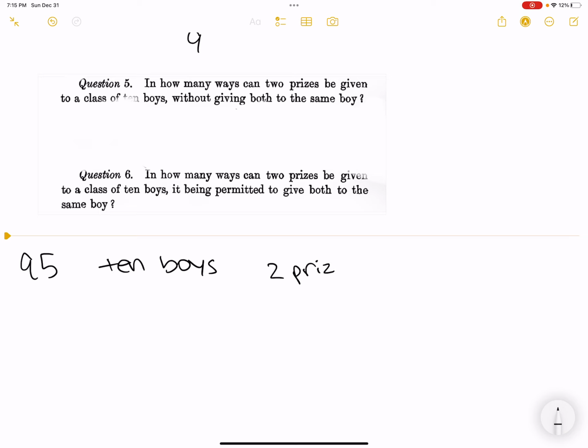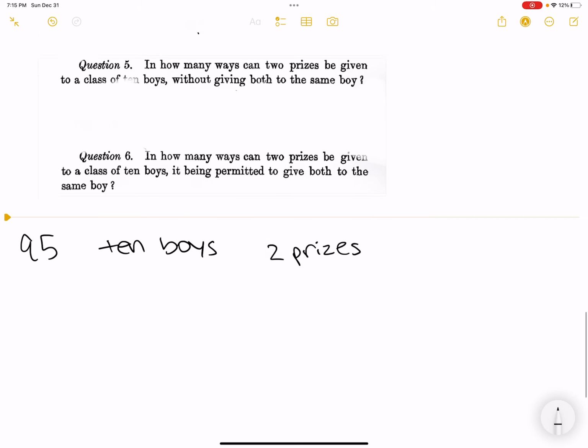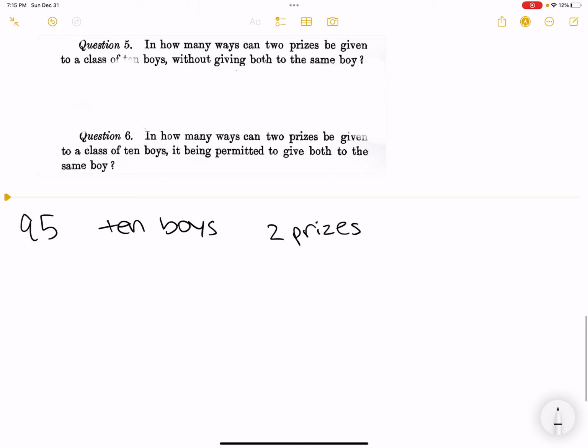So let's just list the information that we have. In the 10 boys, each one has a possible chance of getting the first prize. Like, all 10 boys could get the first prize.